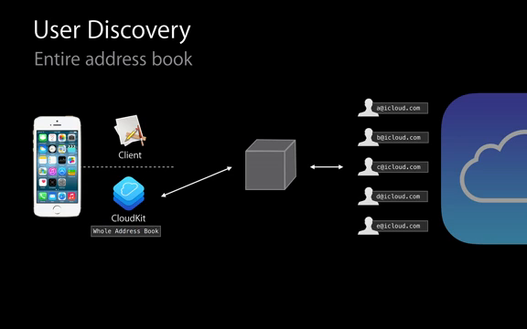The CloudKit process is then going to pull in the user's address book. We're going to take all the email addresses in that address book, we're going to hash them up, and we're going to send a non-personally identifying version of that address book up to the container. The container is going to send it off to iCloud, and for those members of my address book that have opted into discoverability, I'm going to learn information about them.